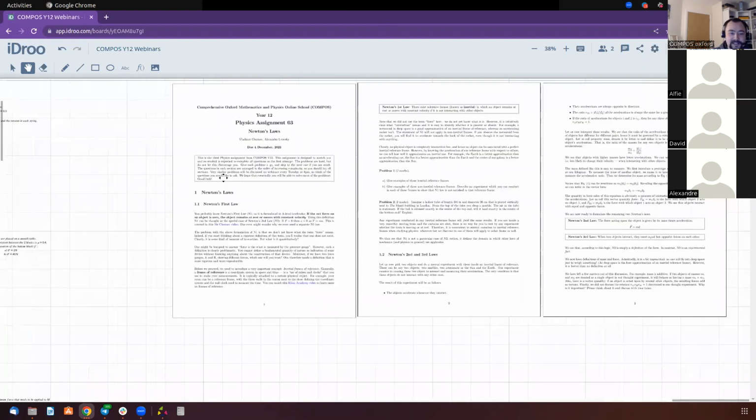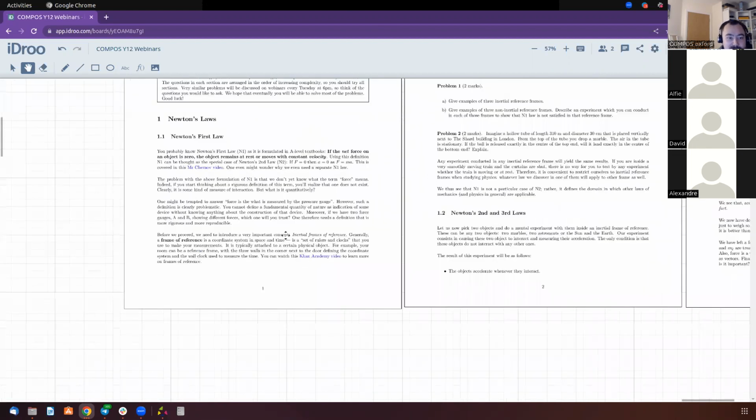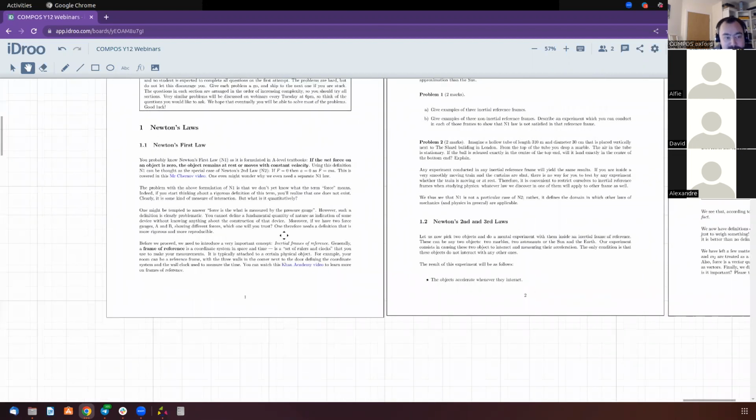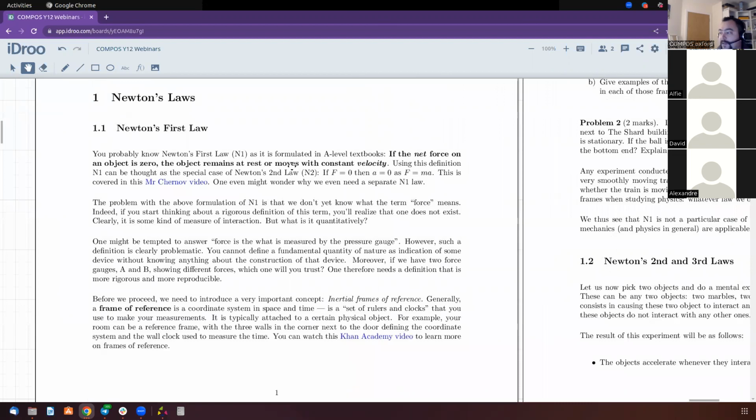So the first section, well, Newton's first law. Newton's first law deals with frames of reference, and I explained that last week. Newton's first law states that there exist inertial frames of reference, and that's a very important part of Newton's first law, which is omitted in school textbooks.